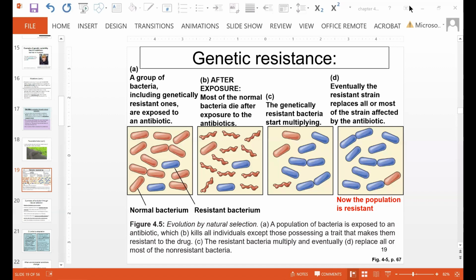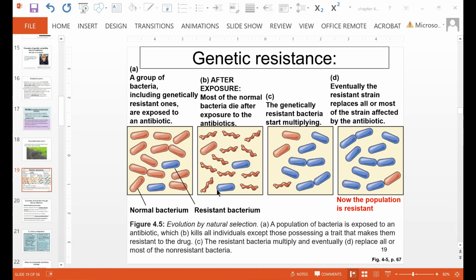So we start out with a group of bacteria, including a couple of bacteria that are genetically resistant to antibiotics. And then we expose this population to antibiotics. The blue ones are resistant to antibiotics naturally, and the red ones are normal. So then after the population is exposed to antibiotics, most of the normal bacteria die.